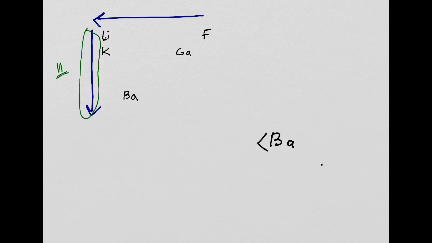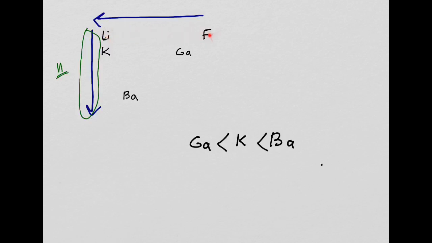Now, what is going to be after that? Again, go row by row. Here's barium, because you have to go up and down first, and nothing else is in its row. Then we come over here. These two, gallium and potassium, are in the same row, so we can look left to right. Based on this, potassium is larger than gallium. So I'm going to have potassium, then gallium. Now I come over here.